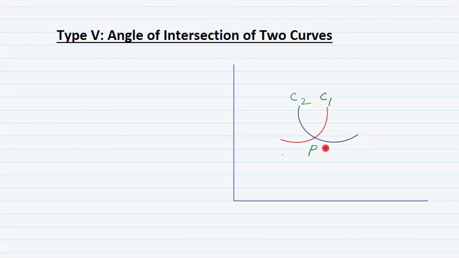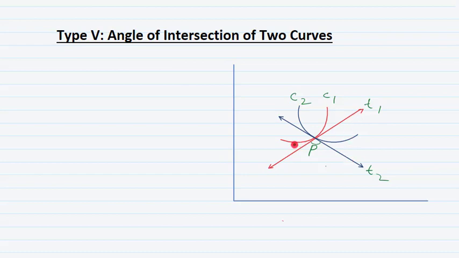So let us draw tangent to the two curves at their point of intersection. Here are the two tangents on the two curves. Let us name them as T1 and T2. So to find out the angle between these two curves, we need to calculate the angle between these two tangents. As we know very well that tangents are nothing but simply the lines.